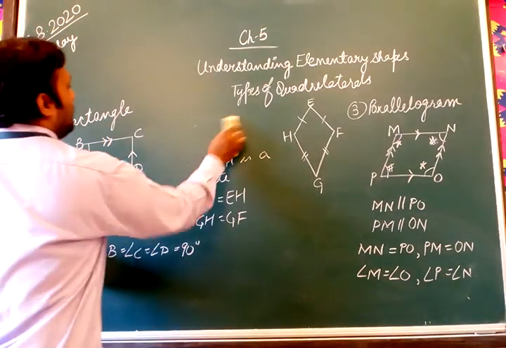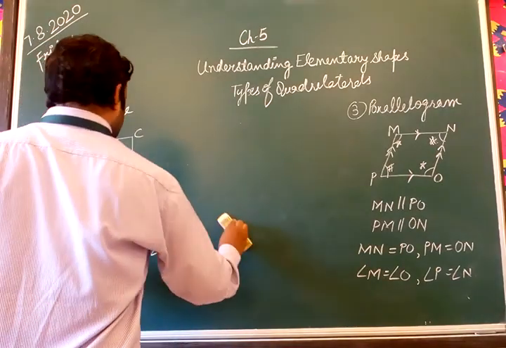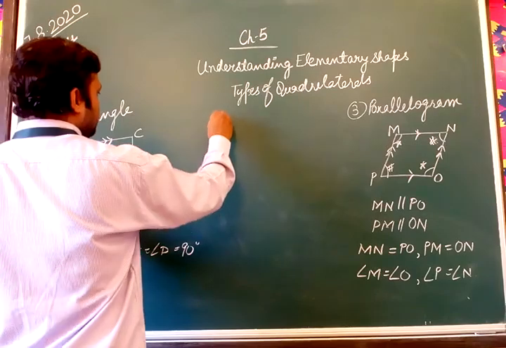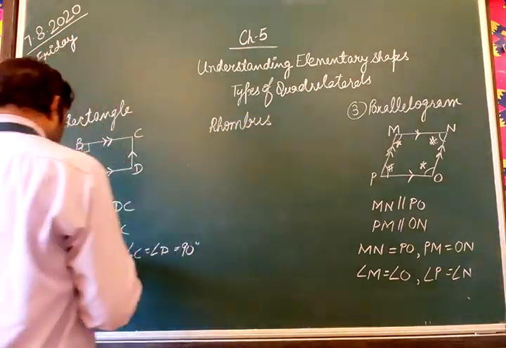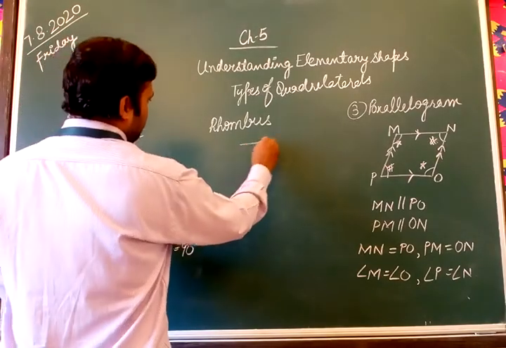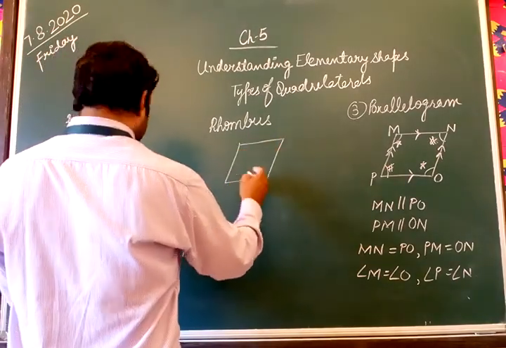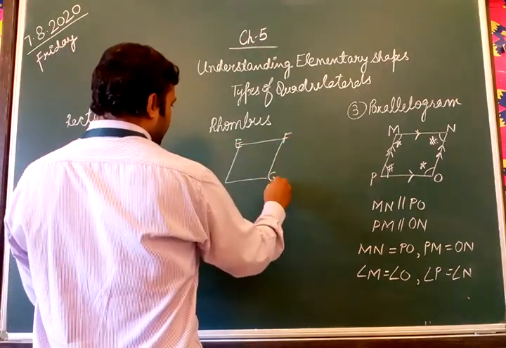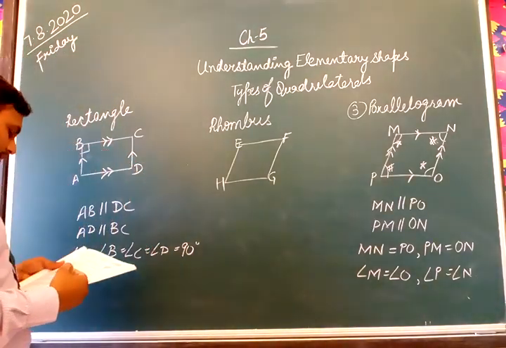Next thing we will talk about is the rhombus. If we talk about the rhombus, EFGH is a parallelogram in which all the sides are equal.